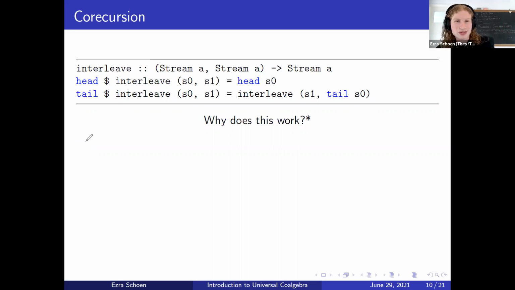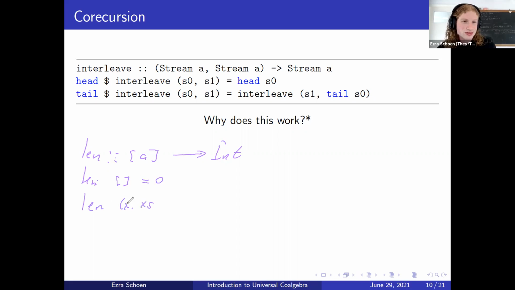So if we think about recursion, let's say we want to define a length function from lists over A, then we need to do two things. We need to say what does length do to the empty list? And what does it do to one element appended to a list?